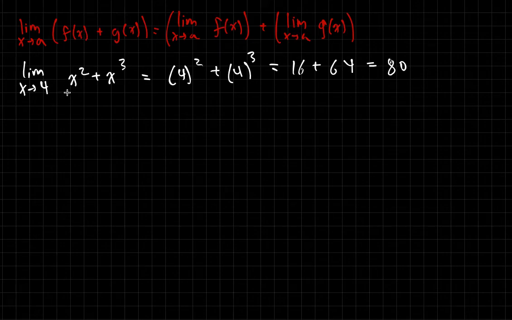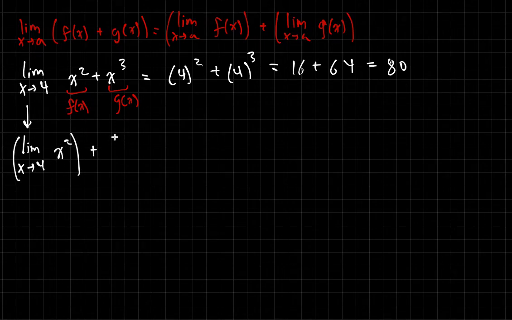And now let's use this property. So according to the property, this would be f of x, and this would be g of x, right? So x squared is the f of x, then plus g of x, so x cubed. That means that we would separate this into two separate limits, which could be rewritten as the limit as x approaches 4 of f of x plus the limit as x approaches 4 of g of x.